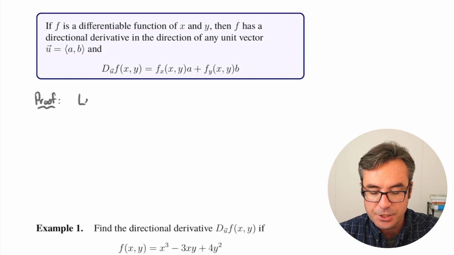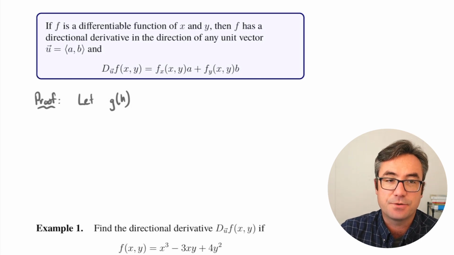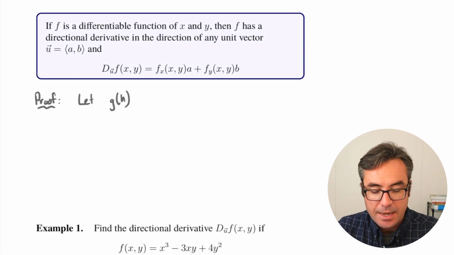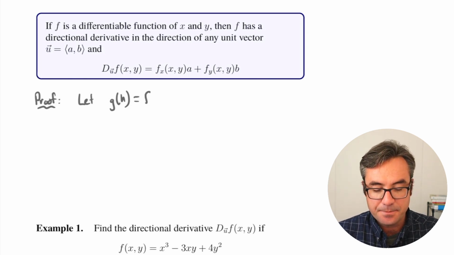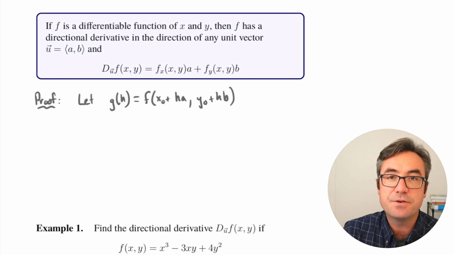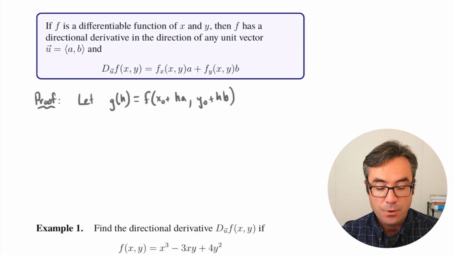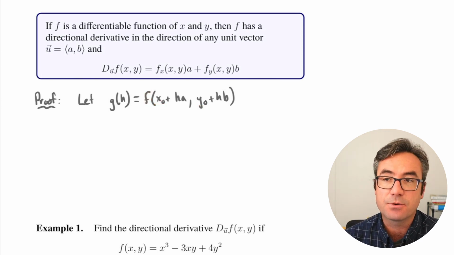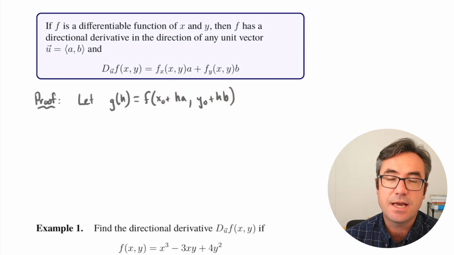We're going to define a function in terms of that number h, that variable h. Our function is the function value, where the function f, looking at that specific point x0, y0, takes a small step in both the x and y directions.